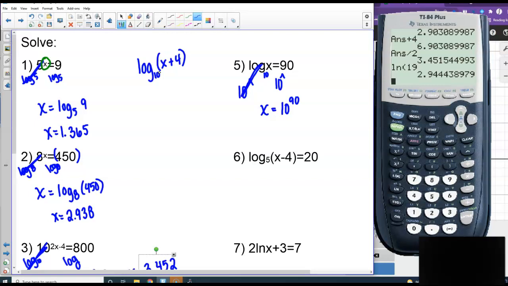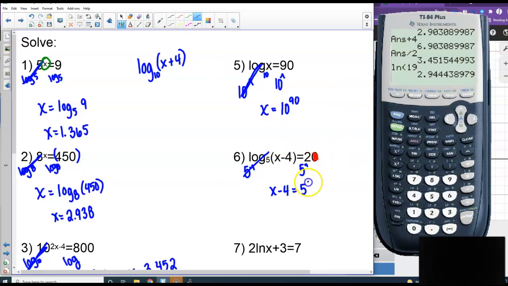All right, so for number 6, everything's inside of this logarithm. My base is 5 this time, so I'm going to do 5 to that power on both sides of the equation. And this is going to cancel out over here, so I'm going to get x minus 4 equals 5 to the, I'll tell you what, let's just get rid of that 0 right there, and let's pretend like it's 2, because that's really just not the best question.